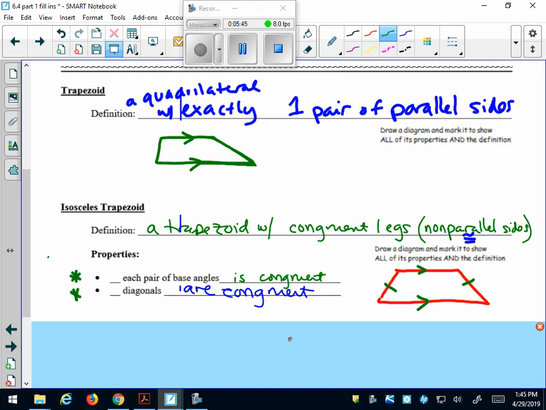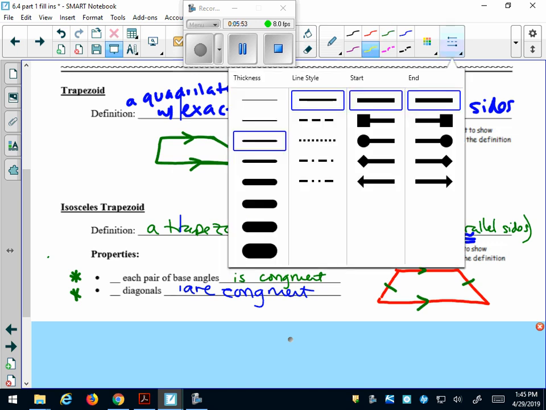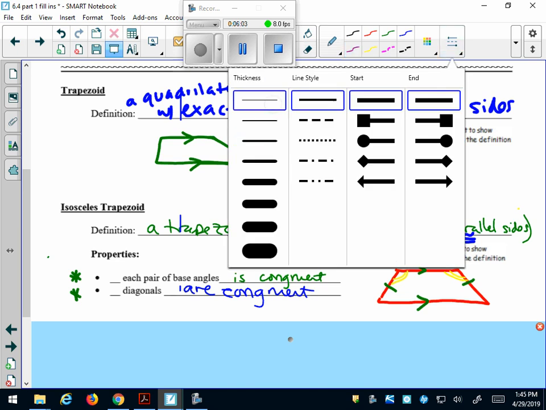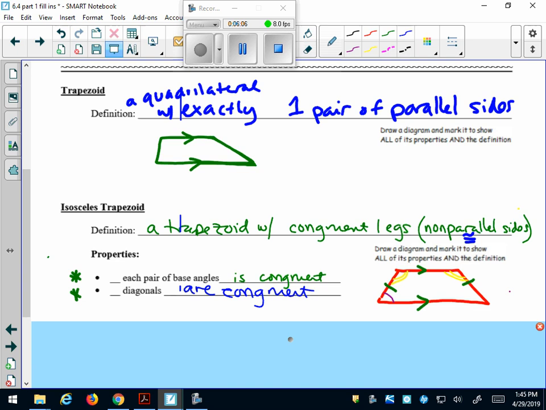The two properties: each pair of base angles is congruent now in an isosceles trapezoid. So we're going to have this angle congruent to this angle. That pair of base angles is congruent. And then this bottom angle is congruent to this bottom angle. Again, that only happens when it's an isosceles trapezoid, not with regular trapezoids.